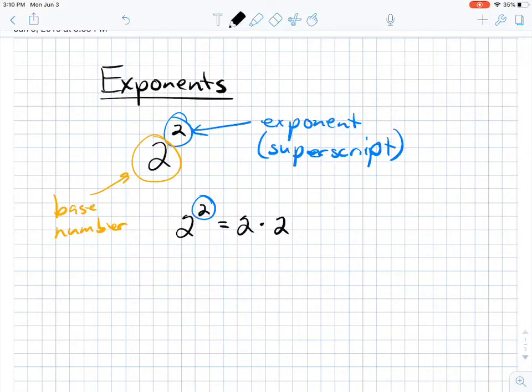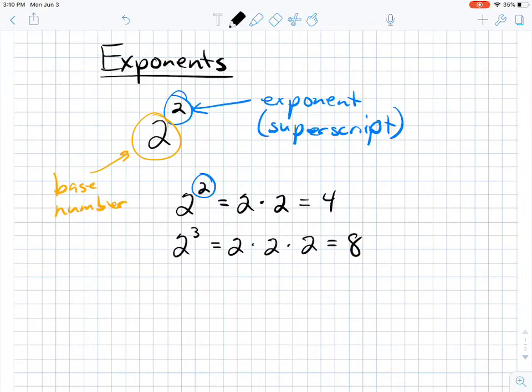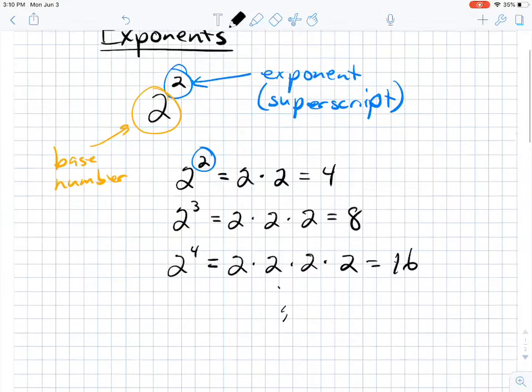So I'm doing 2 times 2, which is 4. Just like if you had 2 cubed, or 2 to the third power, you simply do 2 times 2 times 2, which gives you 8, and so on and so forth. If it was 2 to the fourth power, you have 2 times 2 times 2 times 2, and that should give you 16.